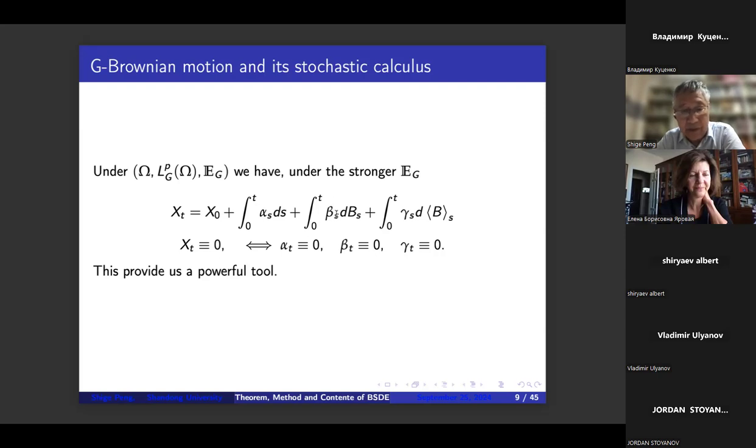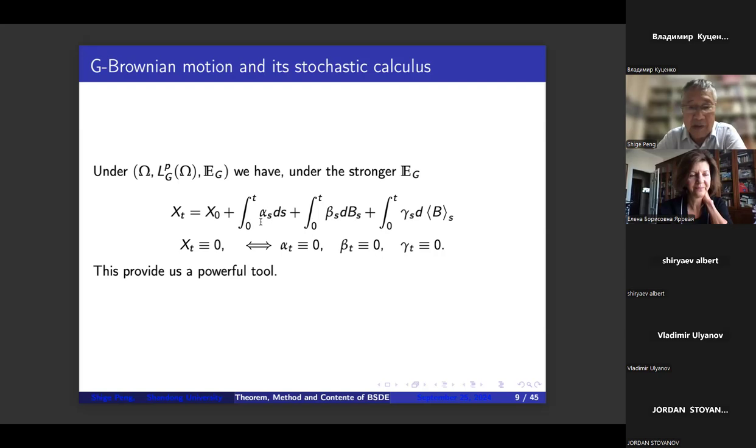And this one, gamma_s, it's quite interesting that they are written this way.